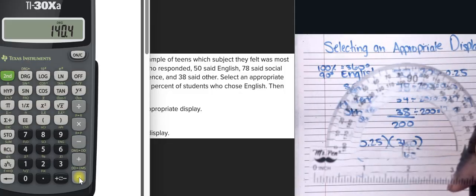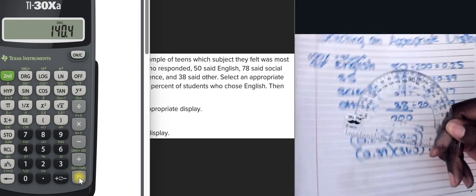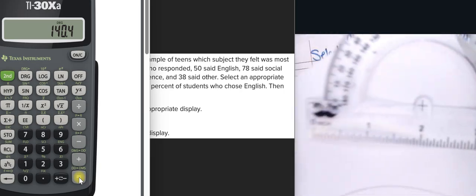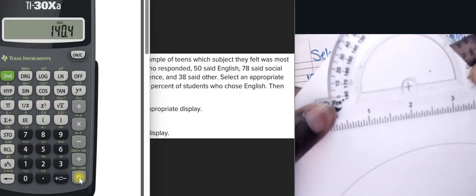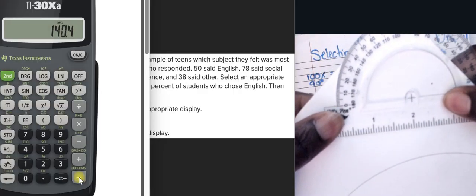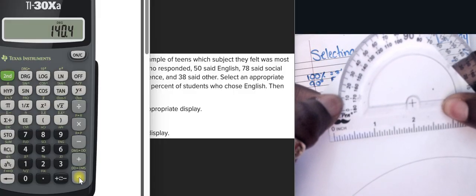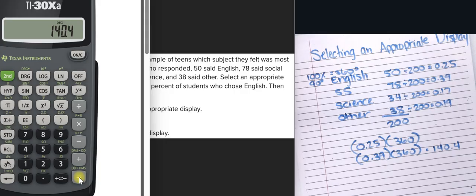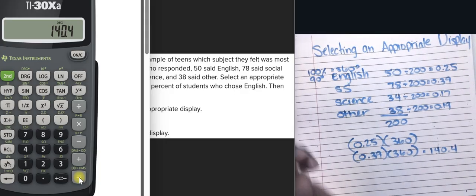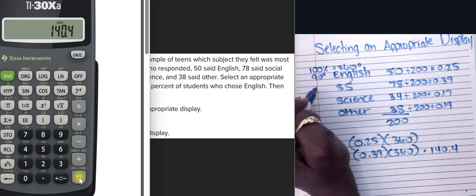Let me see if I can put a piece of paper underneath so you can see it. Notice that it only has whole numbers, right? So we want to get as close as we can to the nearest whole number. That will be rounded to 140 for social studies.